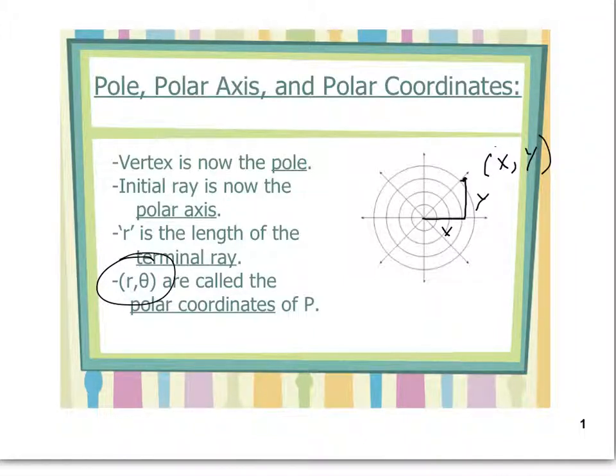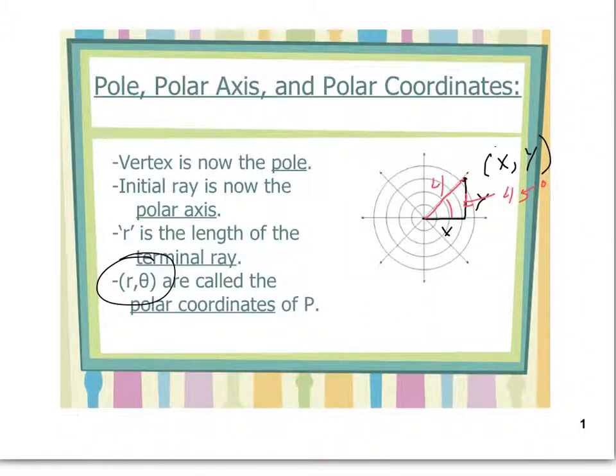But without even moving at all and staying in the same location, the length of that side, which looks to be 4, and the angle it makes with the initial side, which appears to be 45 degrees, would describe the exact same point in the exact same location.